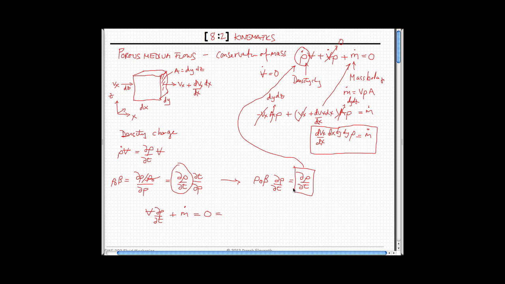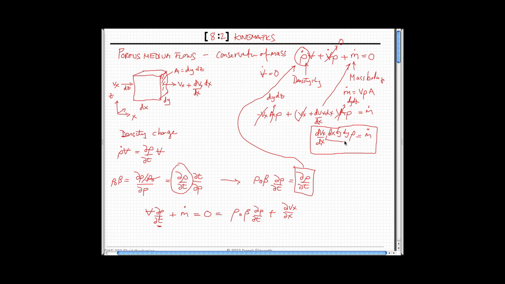And if we substitute these terms in here, we have density 0, compressibility, change in pressure with time. So this is this term here, plus the mass rate of change, which is just, I'm going to write it slightly differently, change in velocity in the x direction with x, which is this term here.